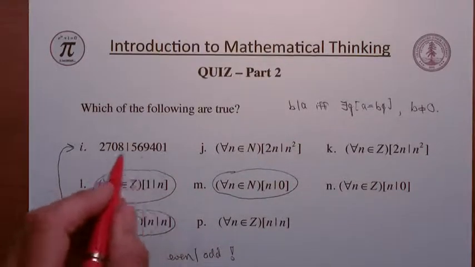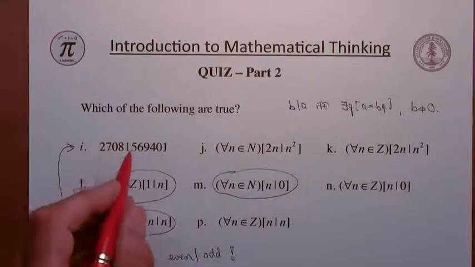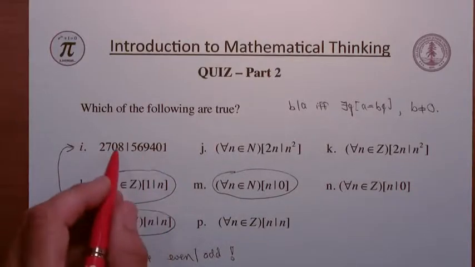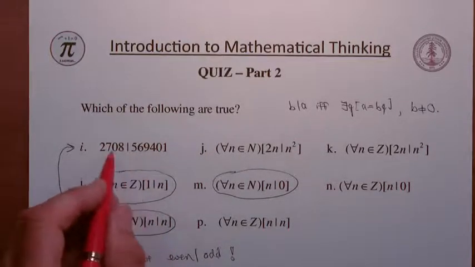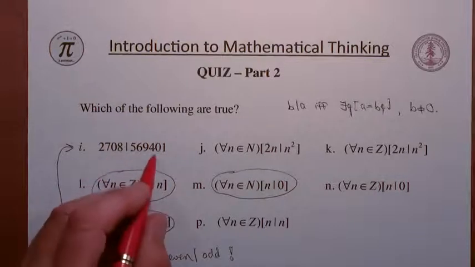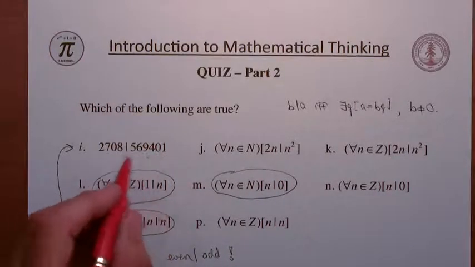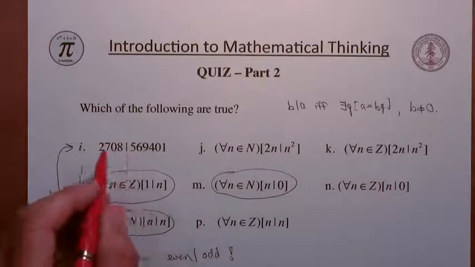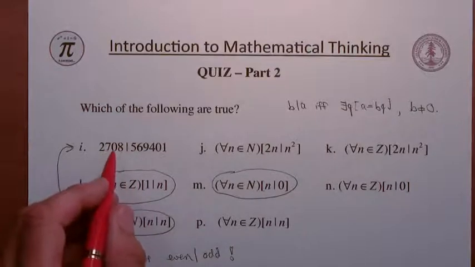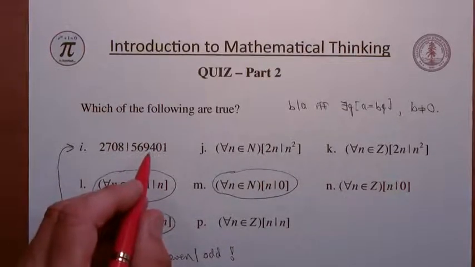So if you had to do any arithmetic for this, then you were making the mistake that I've been warning you against of acting as if you were in high school. This is a course about mathematical thinking, and what I hoped you would have done is to think about this mathematically and realize that you can't have an even number divided into an odd number.